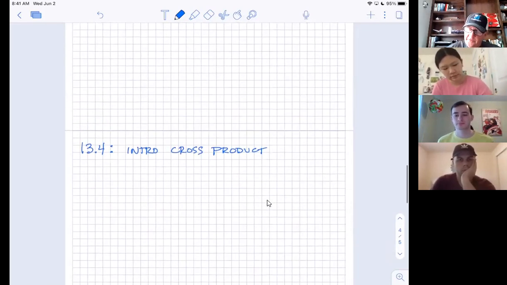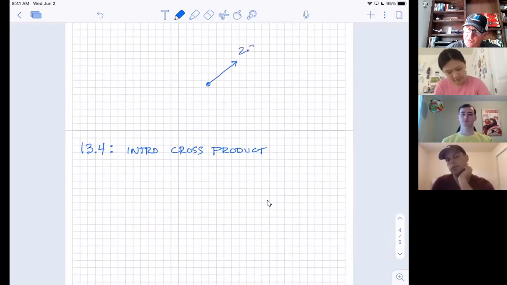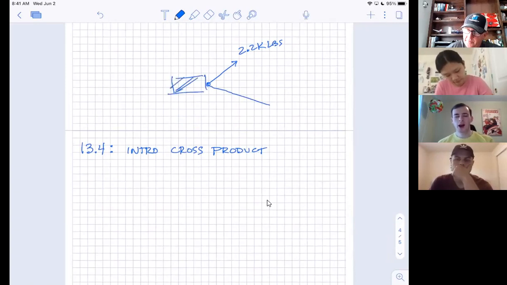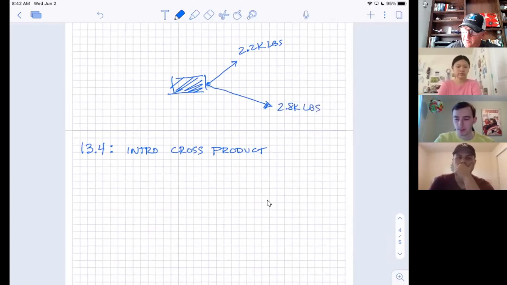We won't do this, but just as an example, if you had a tugboat over here pulling with, say, 2,200 pounds pulling in that direction, and then you had another tugboat attached over here to your whatever garbage barge or whatever it is you're pulling along in the water, and this was more, we'll say this is 2,800 pounds of force.